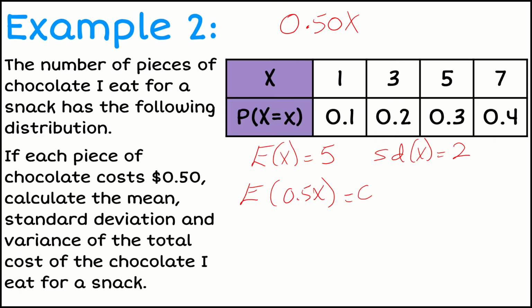So we're going to do 0.5 times my expected value, which is 5, and so on average I expect it's going to cost me $2.50 every time I have a snack. That's approximately how much it would cost me in chocolate each time. Oh, that's a sad number. Never mind.